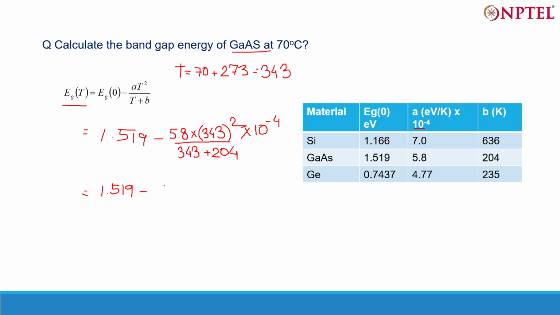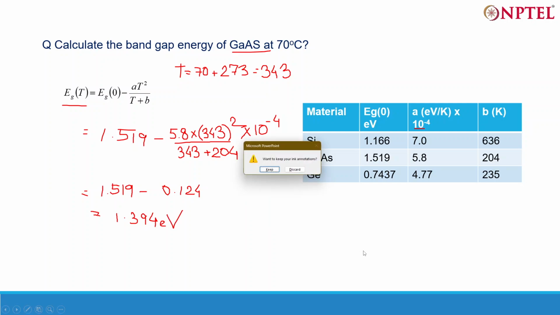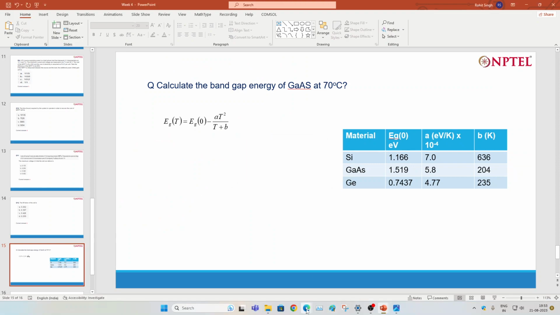It comes out to be around 0.124. So subtracting it from 1.519, the answer is 1.394. That means the answer got by Nishit is correct.